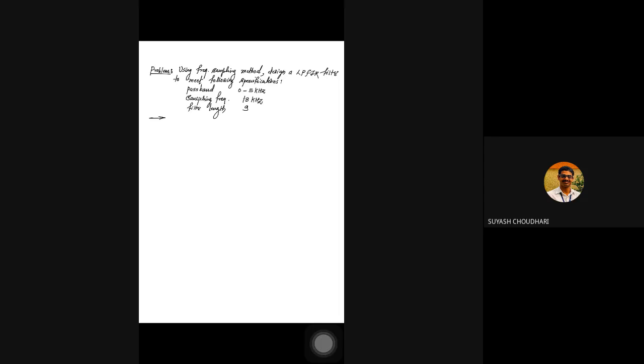So in this problem, only low pass filter is mentioned. HD e raised to j omega is not given. Then you have to write the equation for it. What is that?